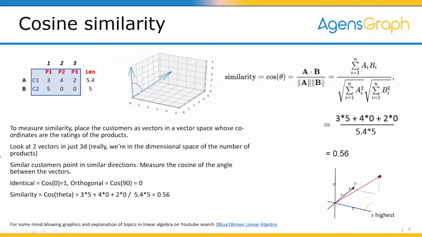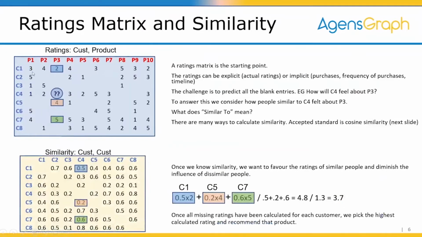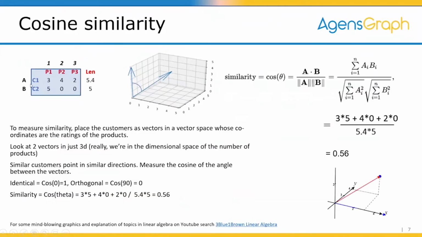So I'll show you what I mean over here. Because I'm not able to draw in 10 dimensions, I've just taken the first three values here. So for C1, I had a 3, 4, 2, which I've drawn here somewhere. This is 3, 4, 2. And then for C2, I've drawn 5, 0, 0, which were the first three parameters in the vectors.